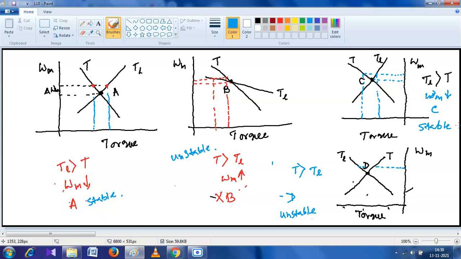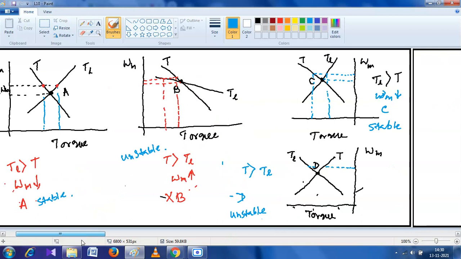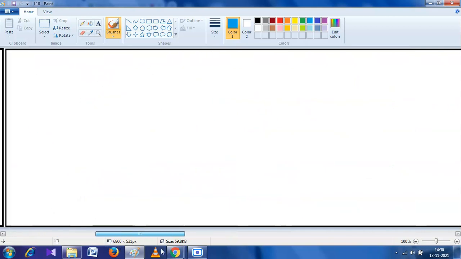So if we increase the speed from the equilibrium point, then what should be the condition for stable equilibrium? Tell me.